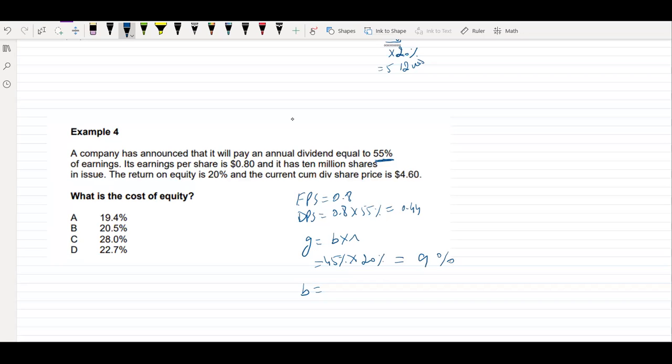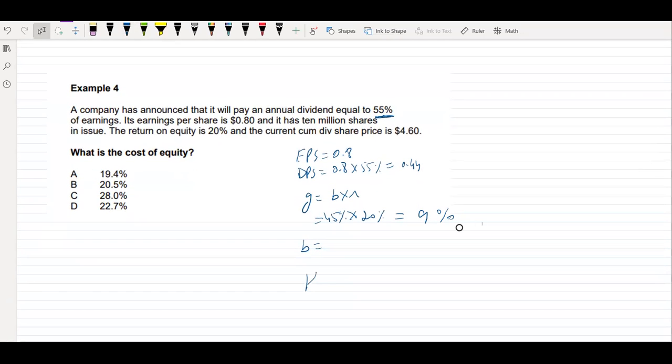Calculate the cost of equity: 0.44 into 1.09 divided by market value, 4.6 minus 0.44, it is cum-dividend, right?